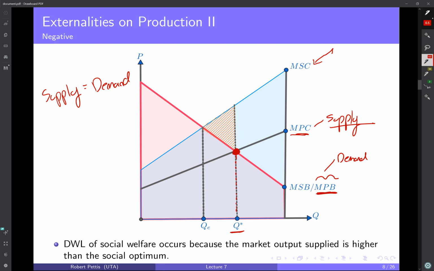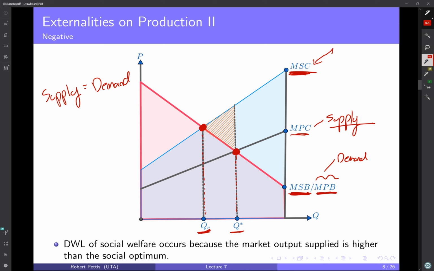But we learned in the last lecture that if we're considering society as a whole, where marginal social costs and marginal social benefits equal each other, which is here, that's going to be our socially efficient outcome. We follow that all the way down to our Q E. That E is just standing for efficient.